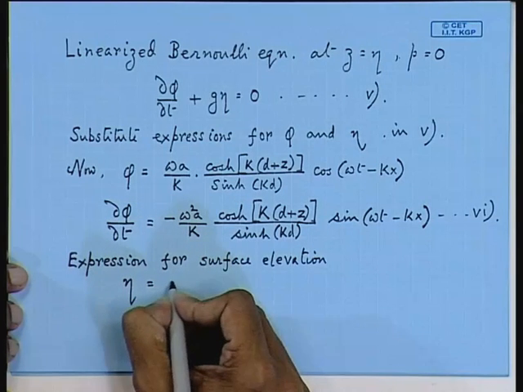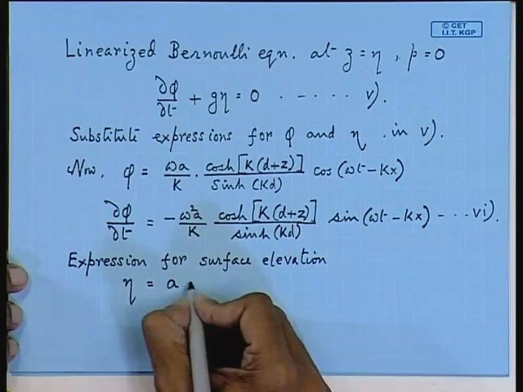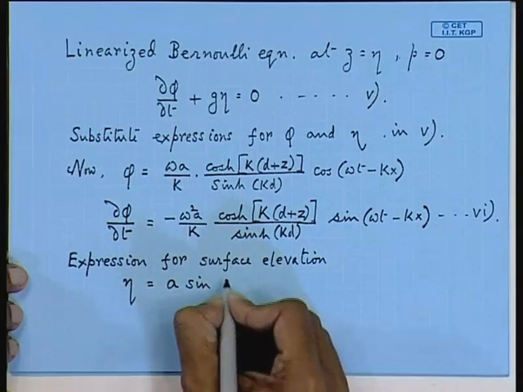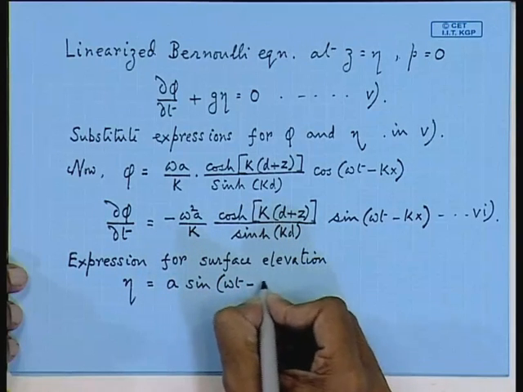A is the amplitude of the wave, and we are giving a harmonic signal. Omega t minus k x is called the phase angle.